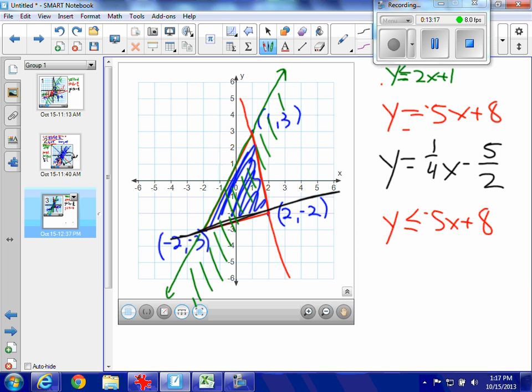I'm going to try my point 0, 0 again. 0 is less than or equal to negative 5 times 0 plus 8. 0 is less than or equal to 8. Oh, well, that's good. That worked out. Right? 0 is in fact less than 8. So I know that this is the right inequality for my red line, because it includes the point 0, 0.